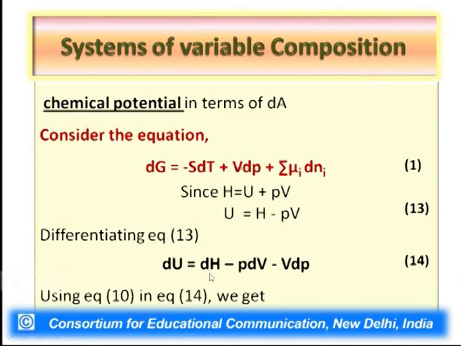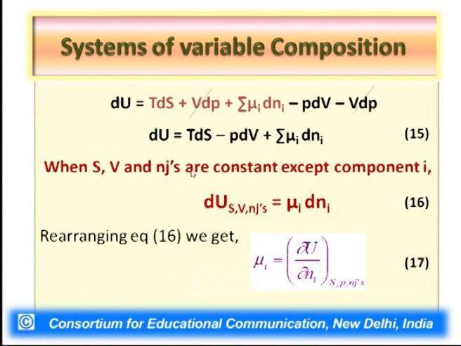So, in equation 14, when we substitute for the value of dH, what we get is dU equal to TdS plus VdP plus summation mu i dni. These first three terms basically equal dH. So, for dH we substitute the expression, and ultimately the VdP term cancels, and what you get is dU equal to TdS minus PdV plus summation mu i dni.